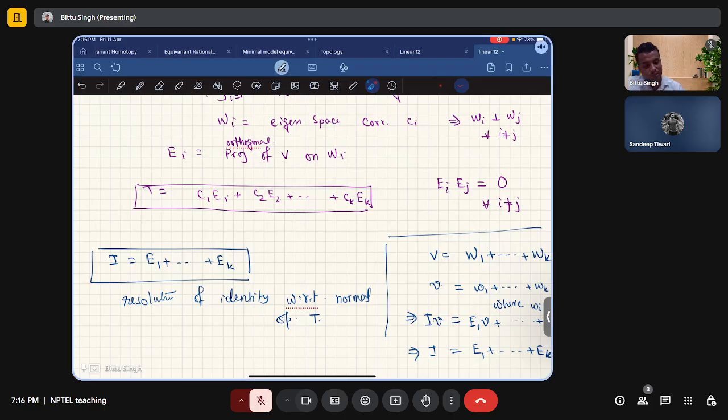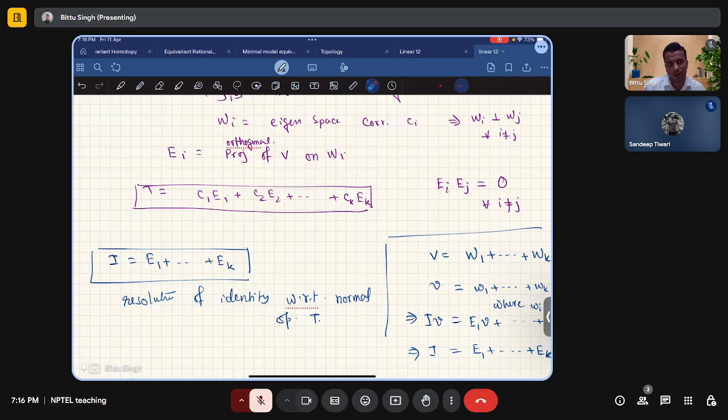So the thing is that that may not be unique because we can exchange those places, right? But if you write those in some increasing order, suppose C1 is the lowest and CK is the highest, then that is unique. Because those W1 up to WK are unique spaces.